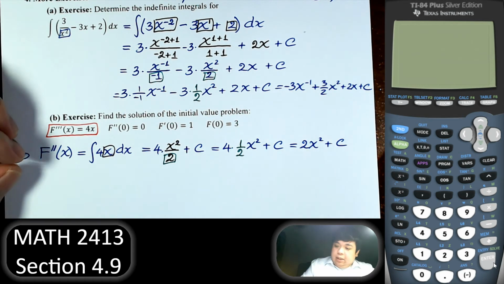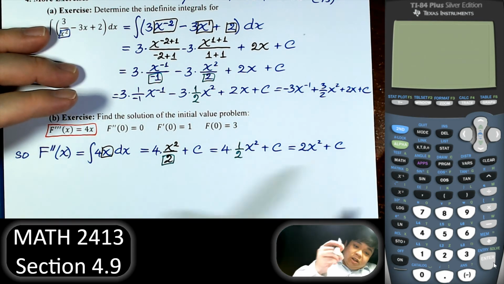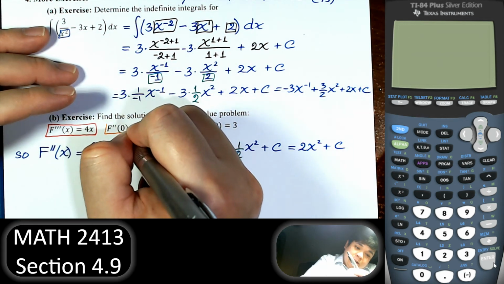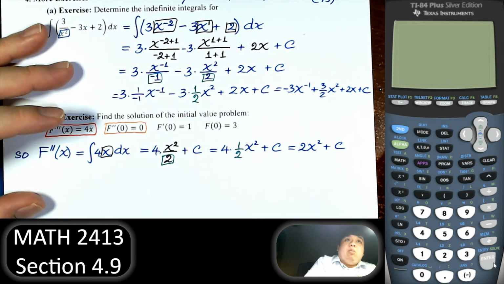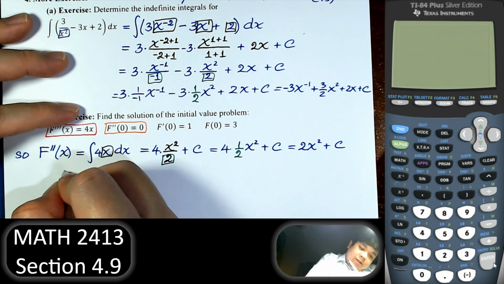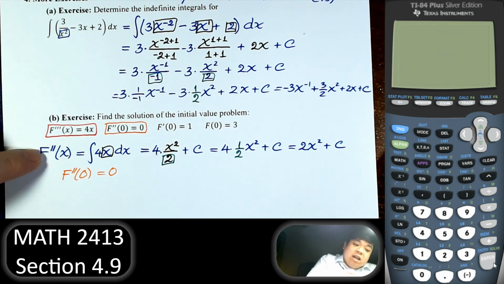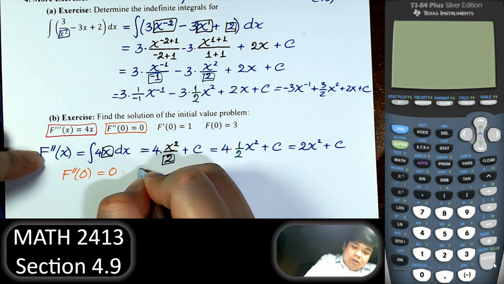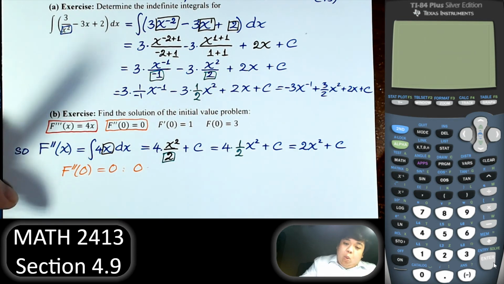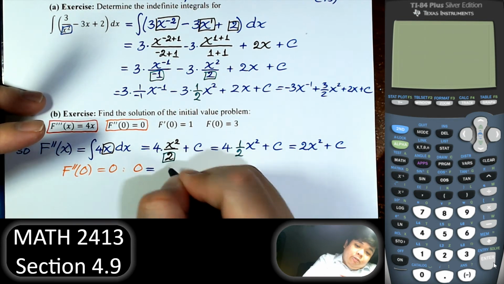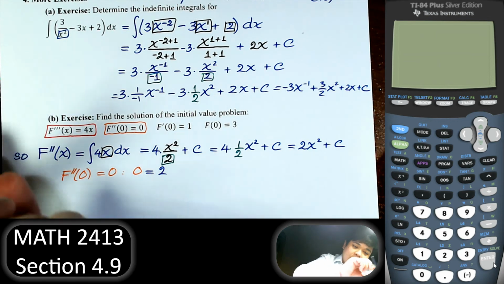Right. Now the first initial condition, f double prime of 0 equal to 0, meaning that this is equal to 0, where we substitute in 0 for x.